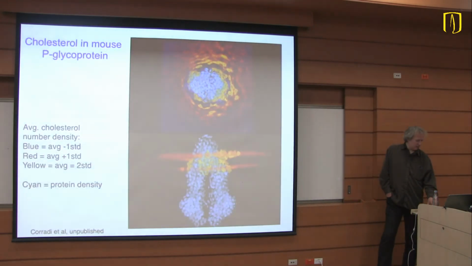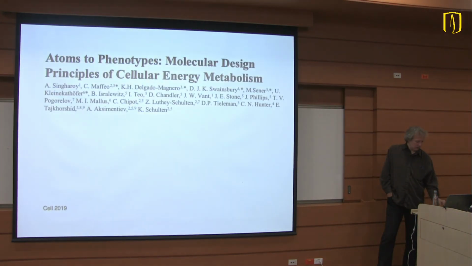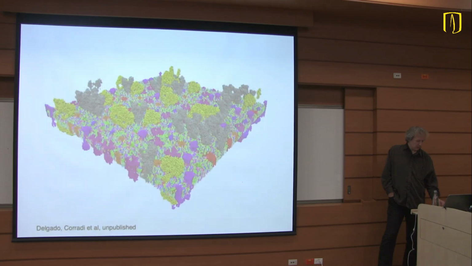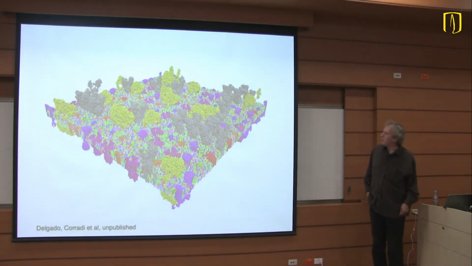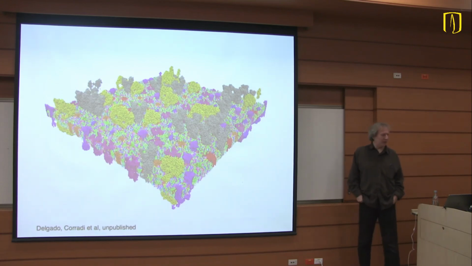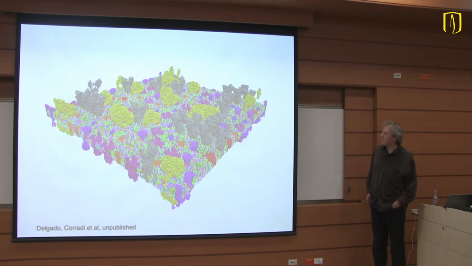So I showed this. Sorry. So this is actually a real simulation where there are a few hundred proteins with a density that we think is what you expect experimentally.